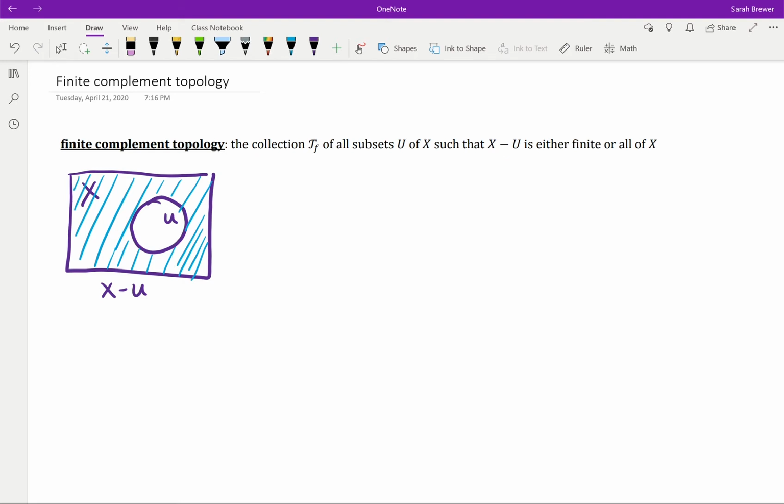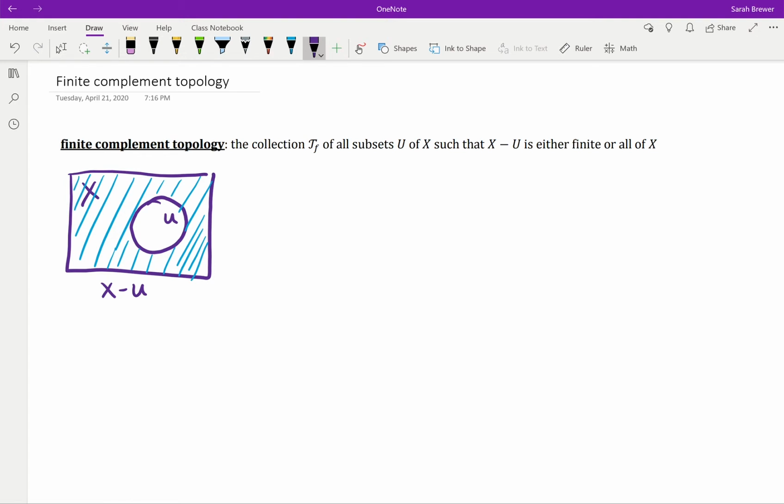And the finite complement topology is the collection of all of these subsets U whose complements are either finite or all of X. So let's take a look at what all criteria this collection has to satisfy in order for this to be considered a topology.